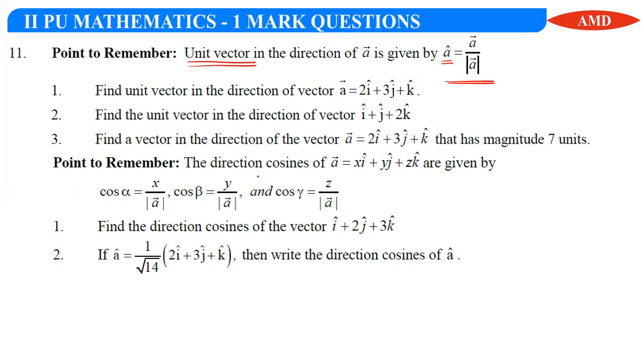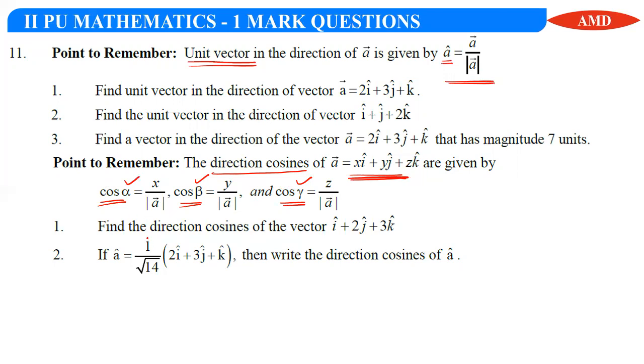Or you can have one more possibility, that is the direction cosines could be asked. So whenever a vector is given like this, the direction cosines are actually cos alpha, cos beta, cos gamma, where alpha, beta, and gamma are the angles made by the vector with a positive x, y, and z axis respectively.